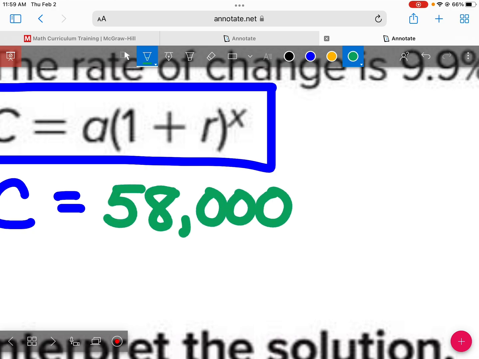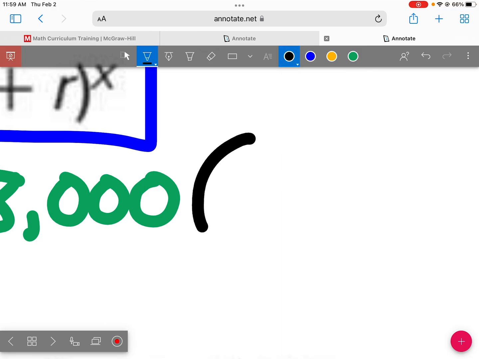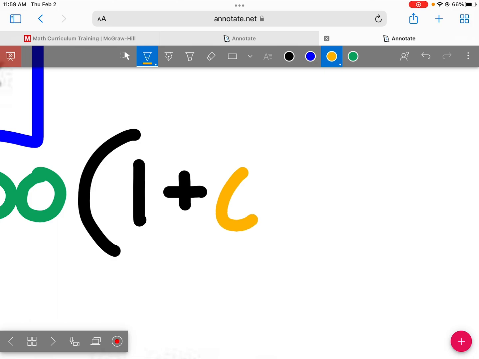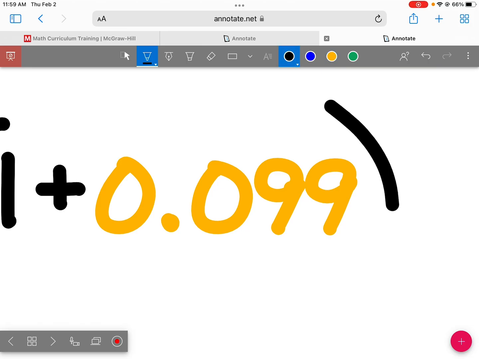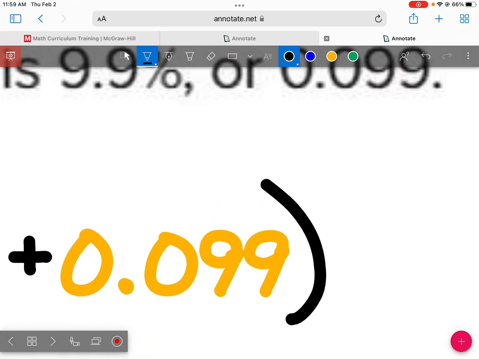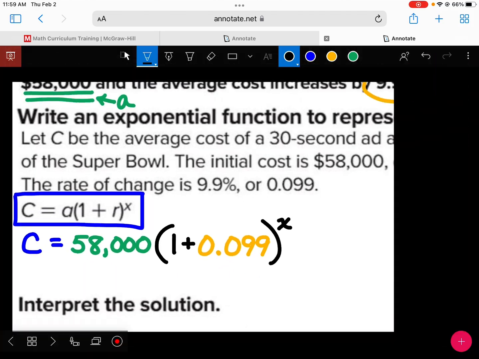That's, by the way, how much it cost for a 30-second Super Bowl ad in the very first Super Bowl. And then inside the parentheses, I have 1 plus 0.099 to the power of x.